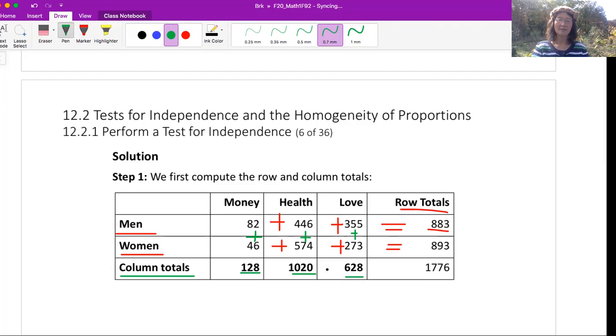Okay, and if you add all these three numbers together, you get 1776. Or if you add total men and total women, you come up with 1776. So we calculated the row totals and the column totals.